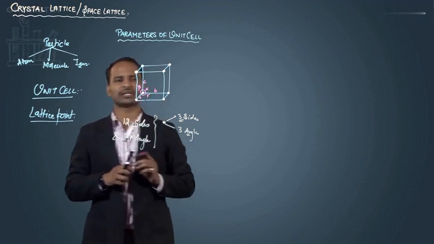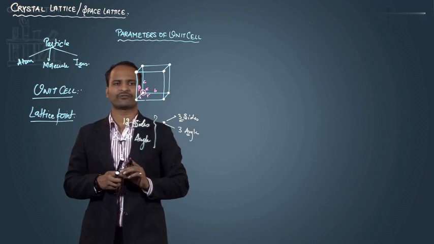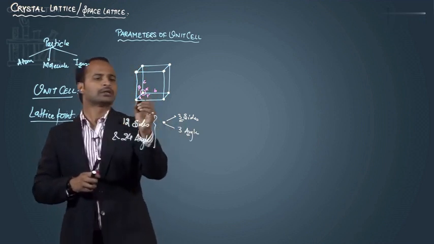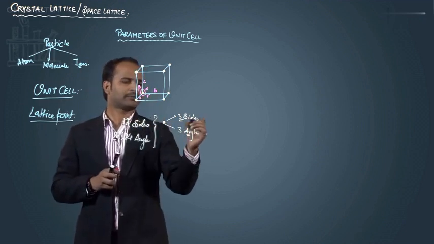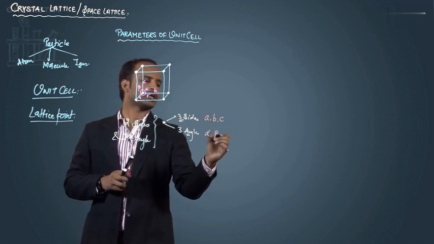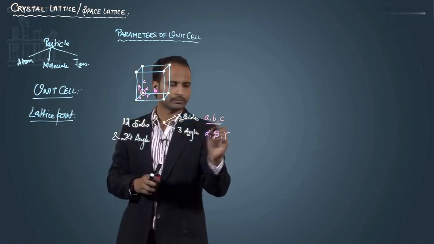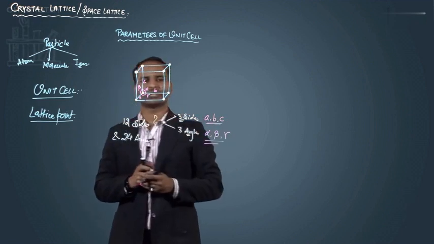So we represent the sides by A, B and C, and the angles by alpha, beta and gamma. So we have 6 parameters: 3 sides A, B and C, and 3 angles alpha, beta and gamma. These are the parameters of the unit cell.